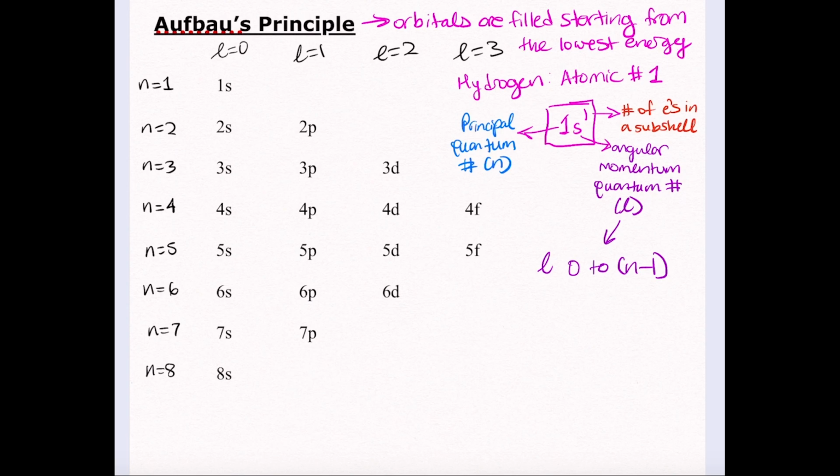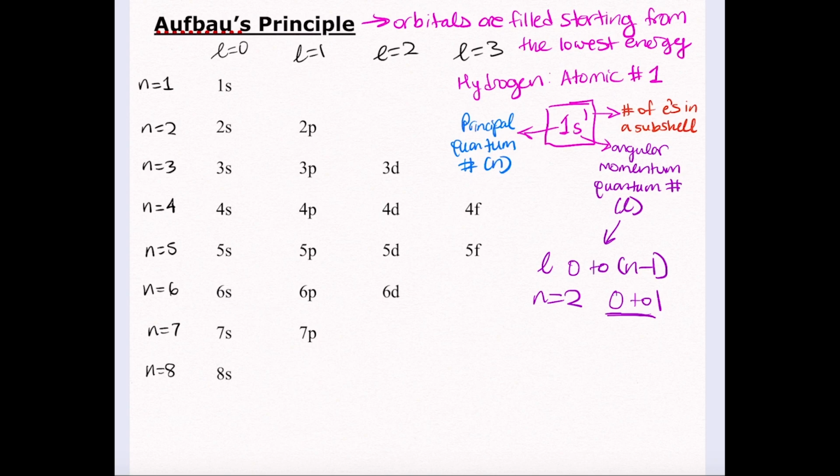So for example, if n were to equal 2, that means you would have 0 to 1, and this would technically have two integral values. So L would have two integral values, 0 and 1. And the value of L is designated by letters.